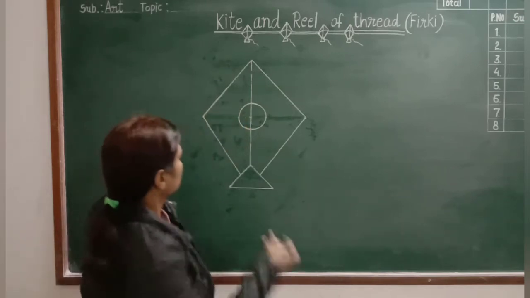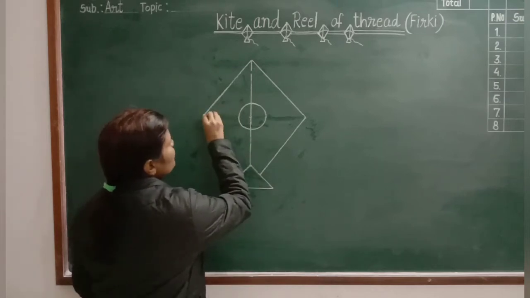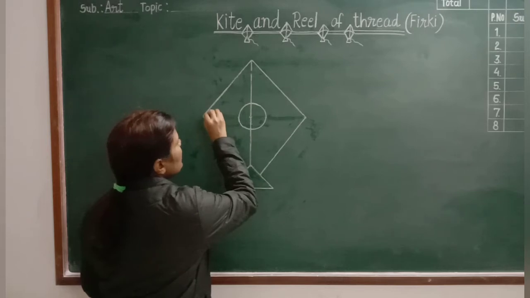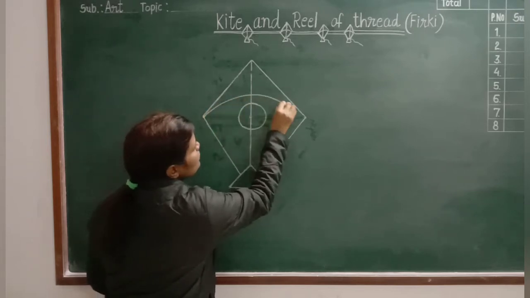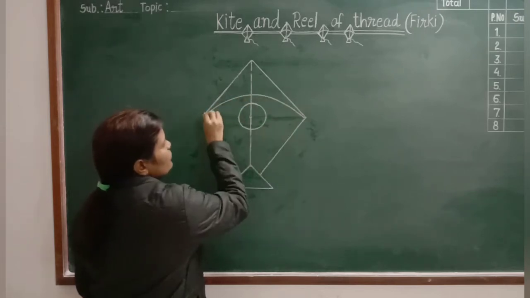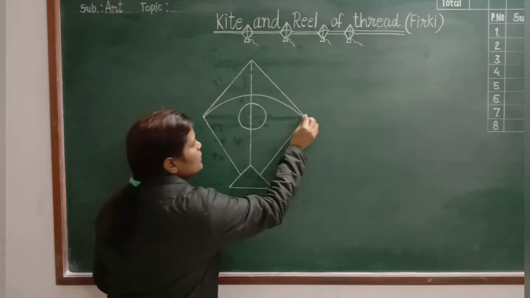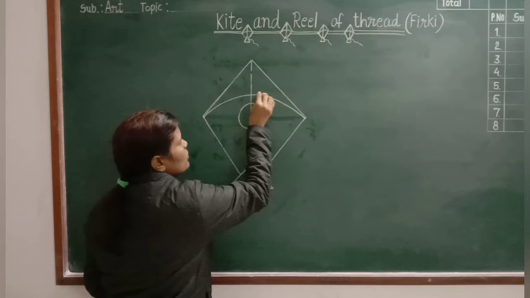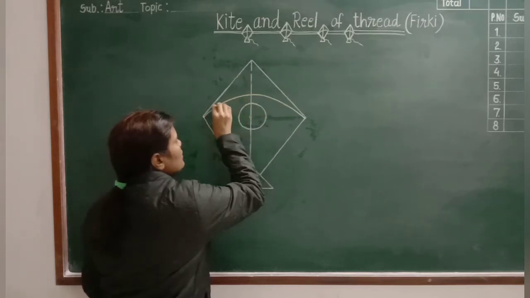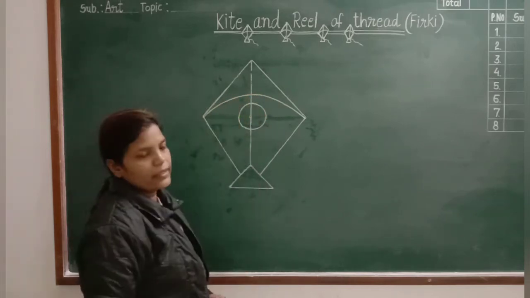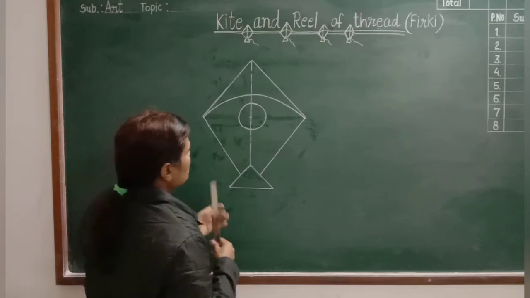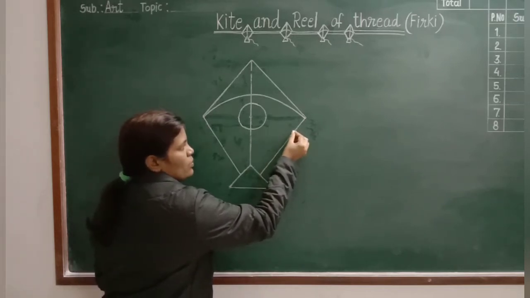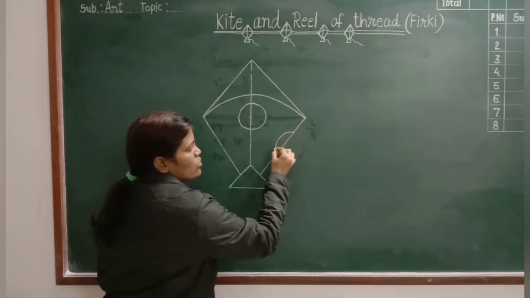so now draw curve line, okay, like this, till here to here, curve line, okay, like this. Now you can make design also.